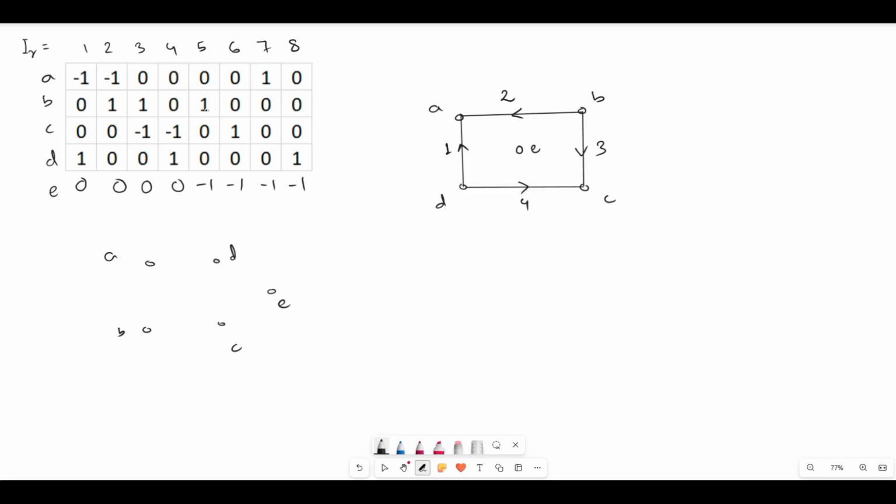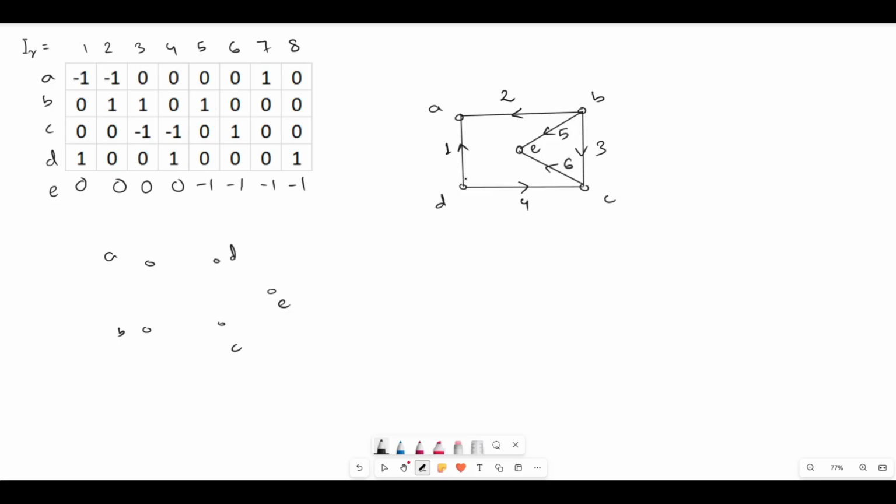The 5 is between B and E, and it is towards E. So the direction is this one. Similarly, if we draw the remaining, 6 will be between C and E. It is moving towards E. So this is 5, this is 6.